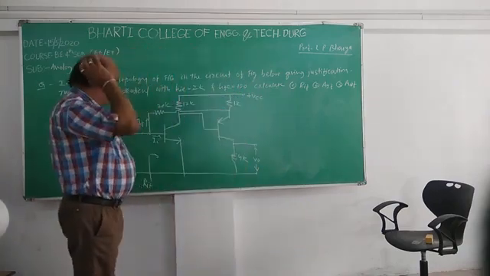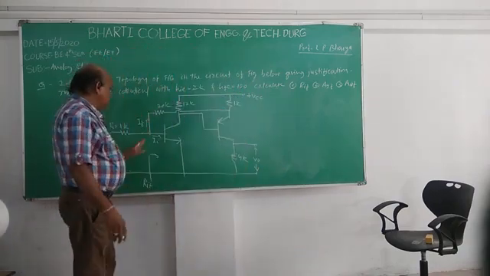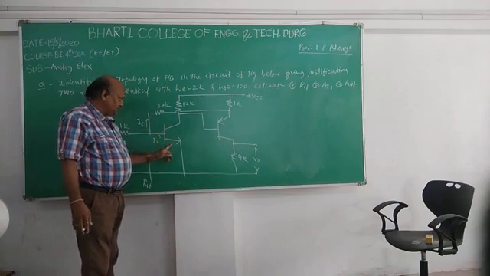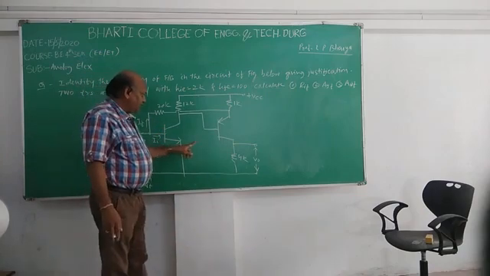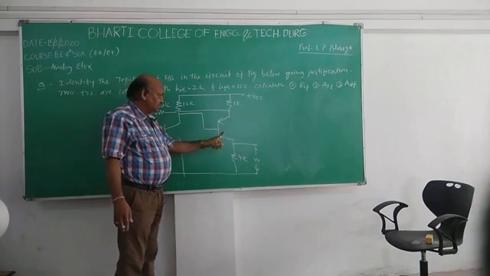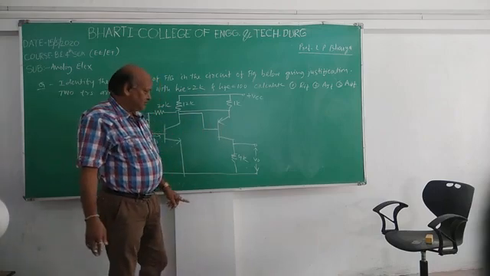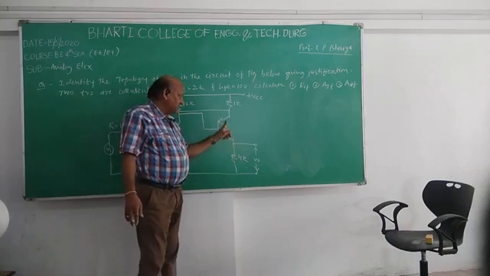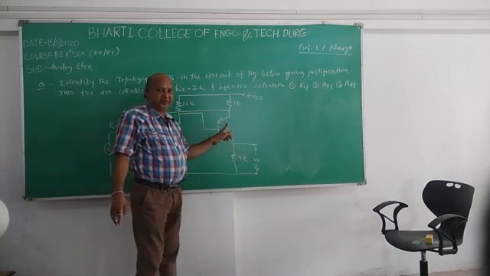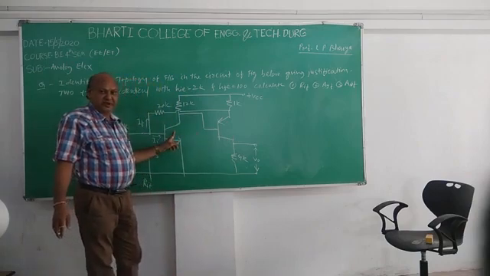First of all, you have to identify the topology. This is the common emitter amplifier, the first one, and the other one you can observe here is also a common emitter amplifier. The output is taken from the collector. This one is a PNP transistor while the other is an NPN transistor.